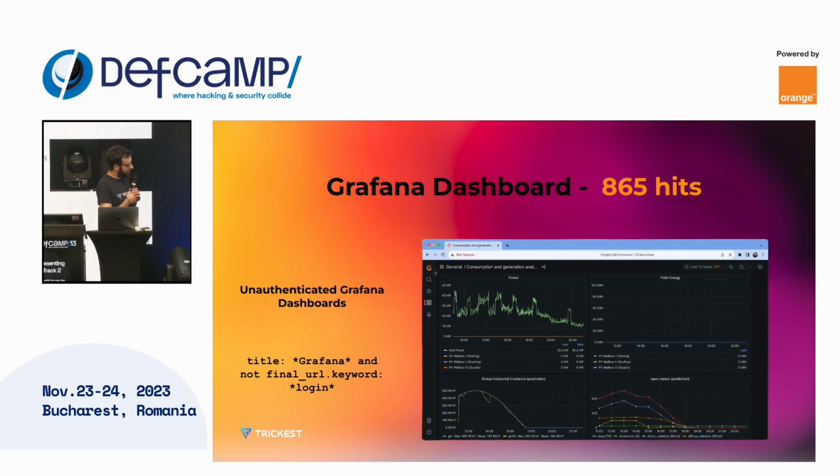So we found Grafana dashboards, unauthenticated ones, and in some of the cases they presented the metrics for even power plants and electric car charging stations. A lot of data around different APIs and logs around web services.